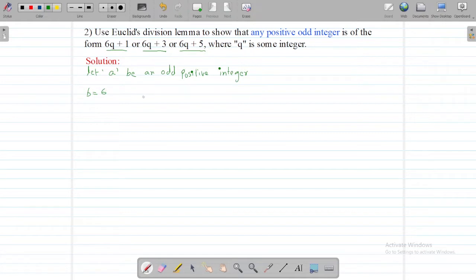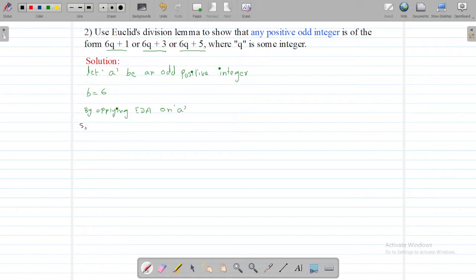So we will apply Euclid's division algorithm on a. So a is our positive odd integer. Now we are applying Euclid's division algorithm.